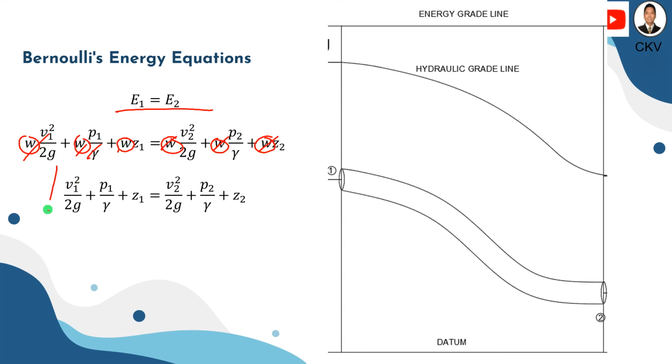So therefore, our Bernoulli's equation is this one. The sum of the velocity head, pressure head, and elevation head at point 1 is equal to the sum of those energy heads at point 2.